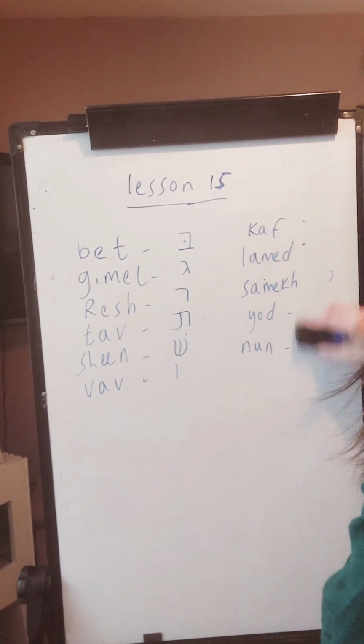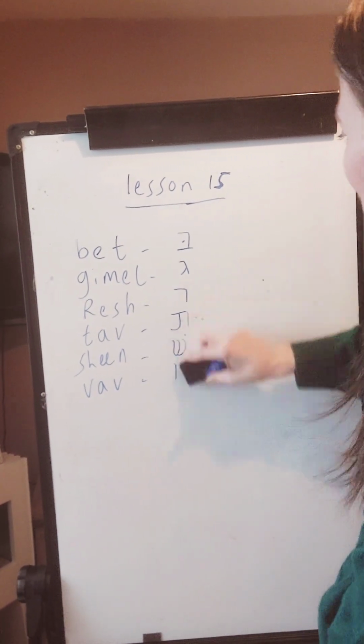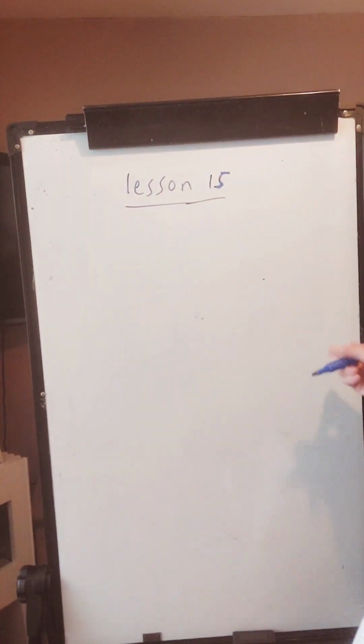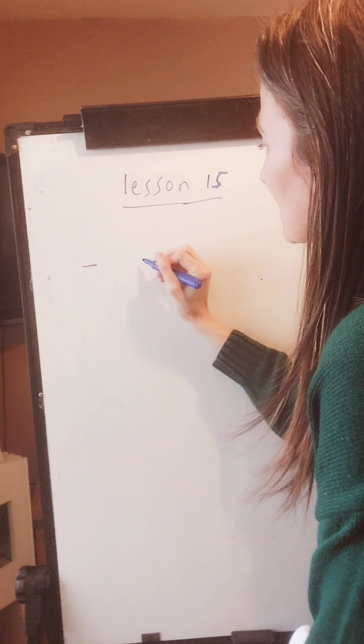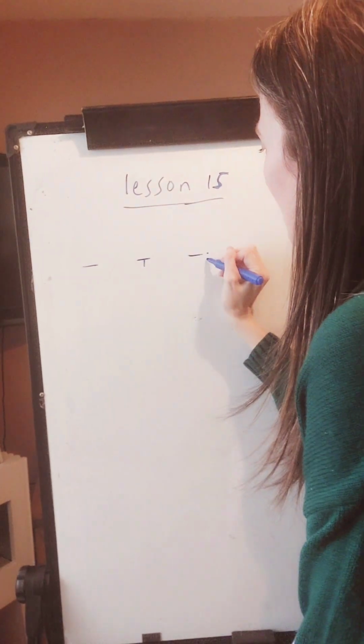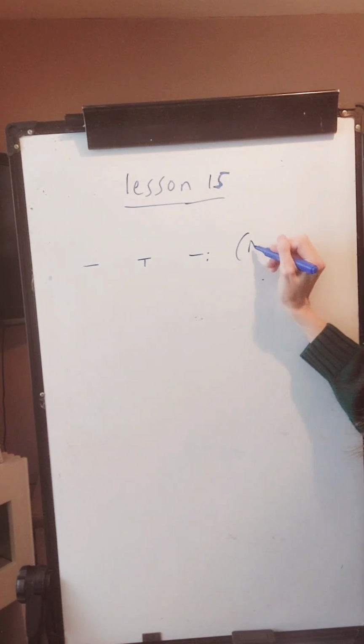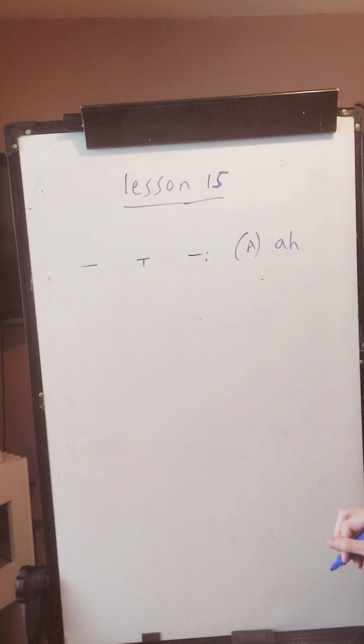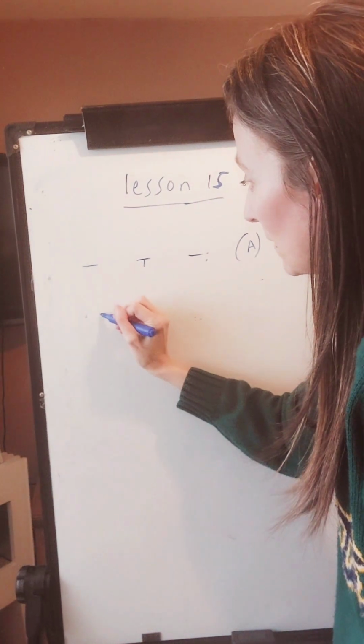And we do a quick recap on the Hebrew vowels. Okay, so which vowels are these? These are the A vowel, and they sound as A. Which vowels are these?